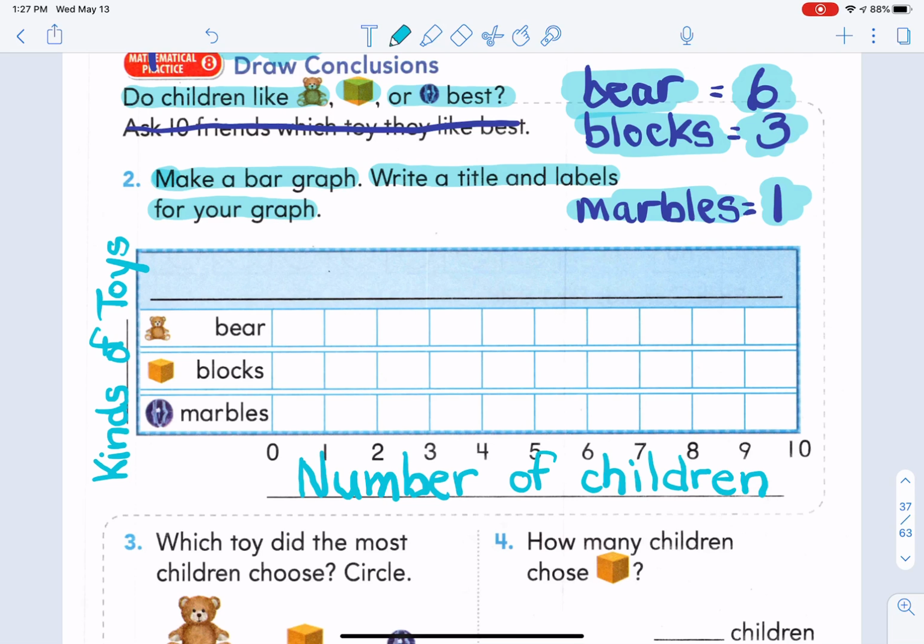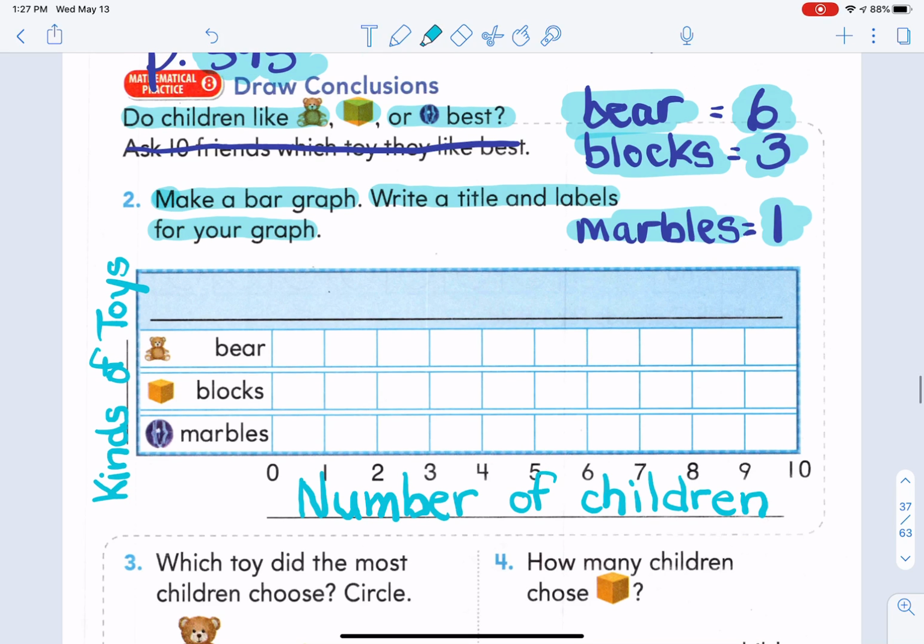We have to come up with a title for this graph. What would the title be for this bar graph? Well, we were asking what kinds of toys the children like best. What could we write? Oh, I know.